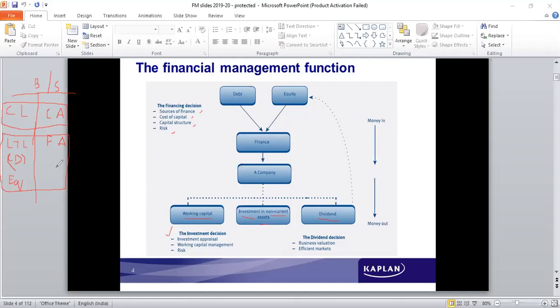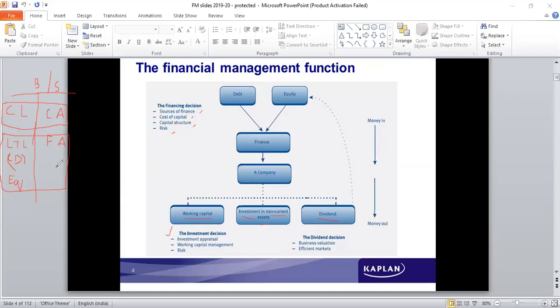The decision related to investing in short-term or current assets, and investing in long-term or fixed assets, is one important criterion. What is the proportion in which the investments are made into current assets and into fixed assets?